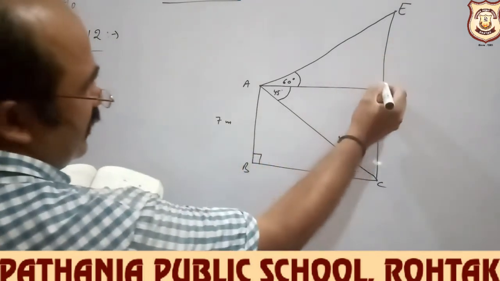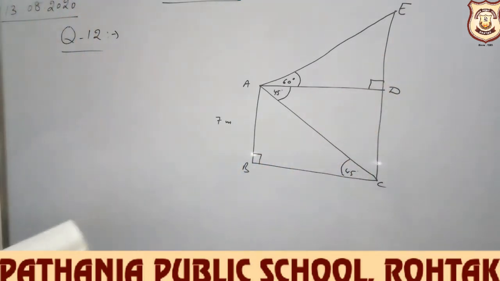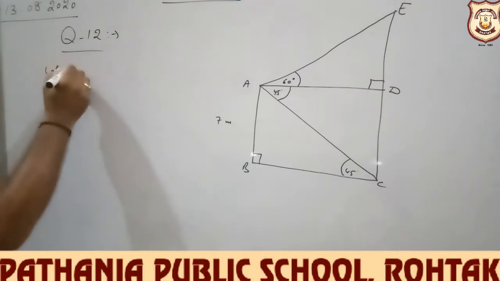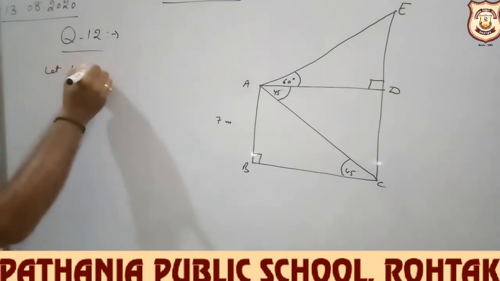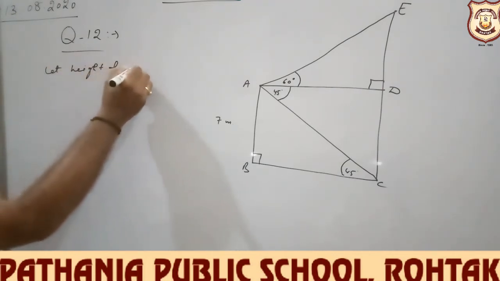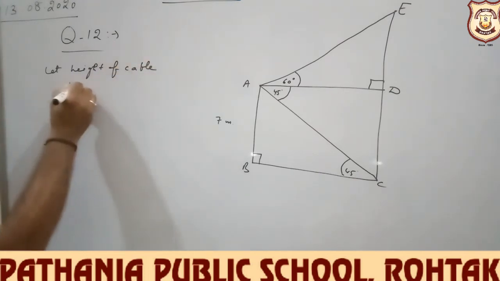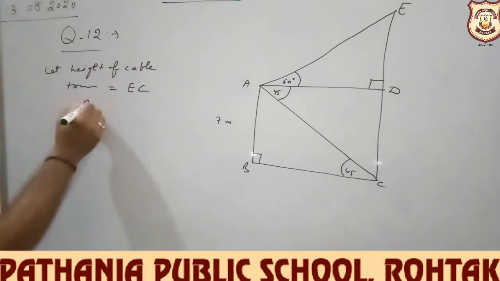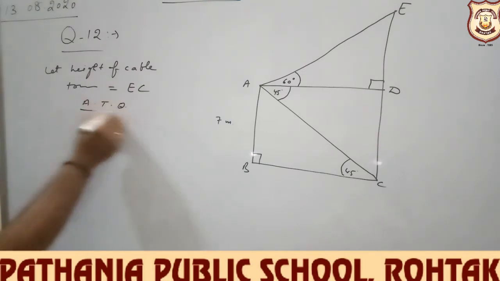So we will work in two right angle triangles, ABC and ADE. First of all, we will work in right angle triangle ABC. Let the height of the cable tower equal EC according to the question.